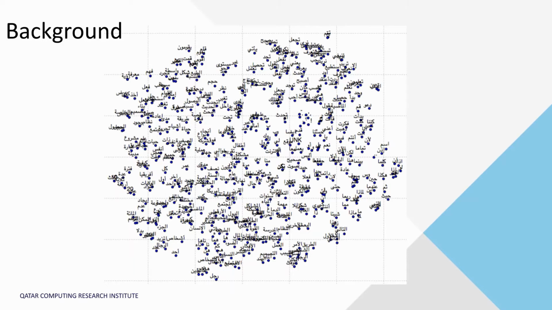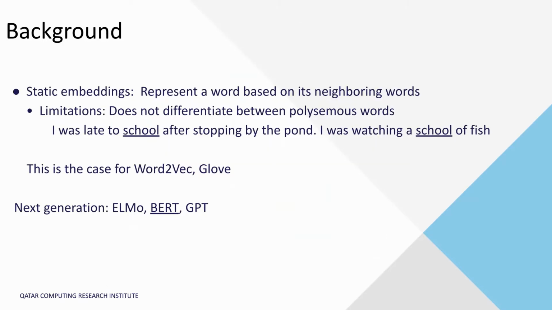This is the word vector, word2vec for example, as a representation for word embedding models, the first generation. But this type of modeling has some limitations, as we can see in this example. For example, "I was late to school after stopping by the pond," or "I was watching a school of fish."